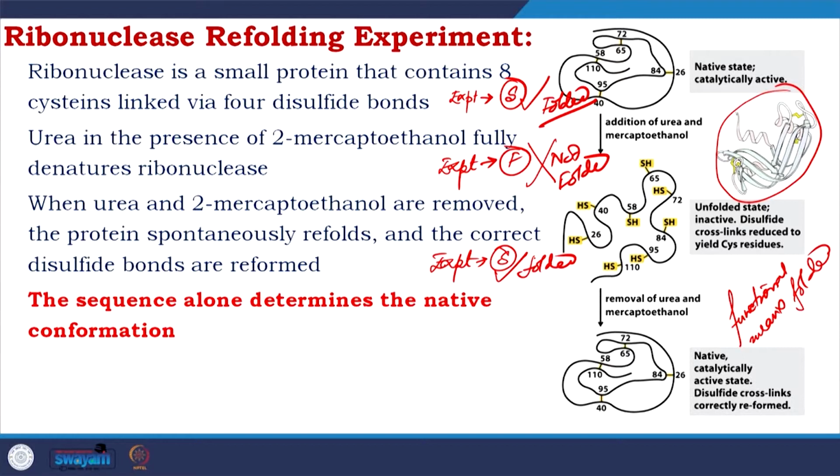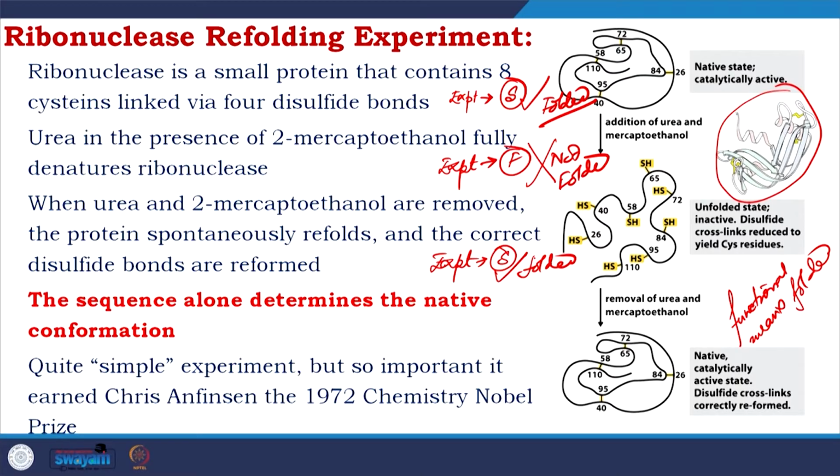Folded protein taken from biology, unfolded, and now it is folded. So, there was no biology there, it is the solution. So, the sequence alone determines the native conformation. What he is concluding is that the sequence remembers how to fold; you do not need to help with any biological factors. Without those biological factors the protein could be folded.